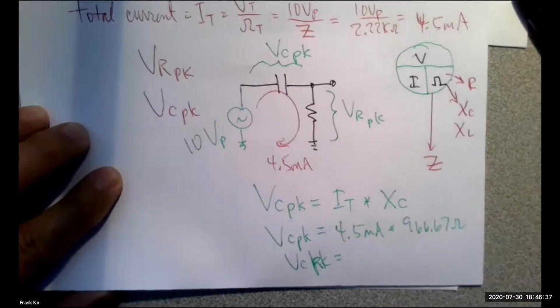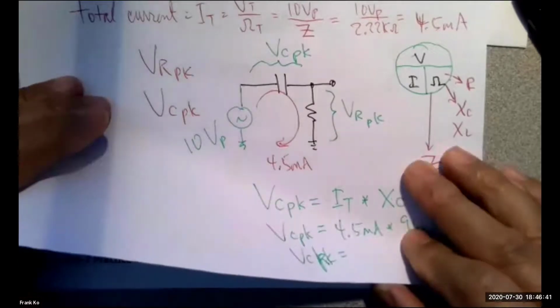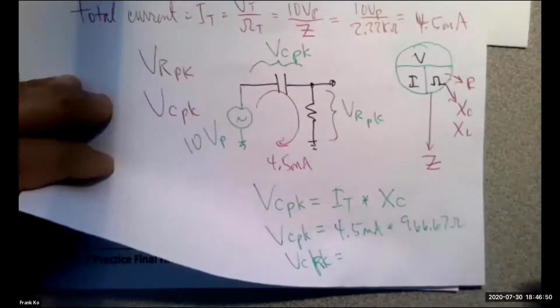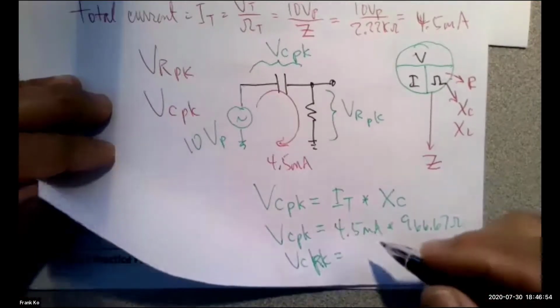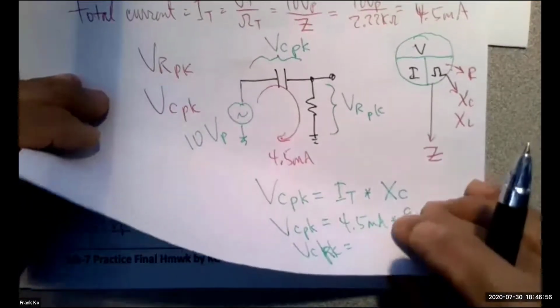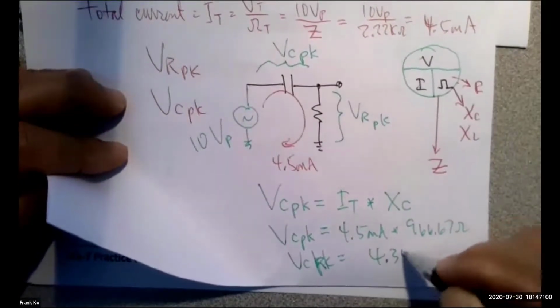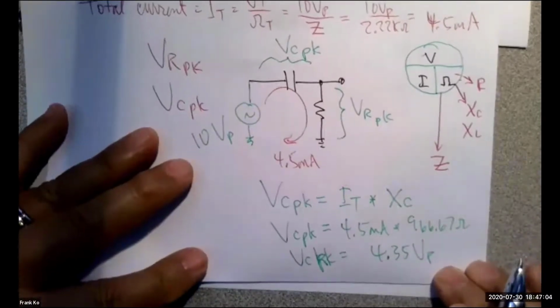And the value, Chisamaga, do you have the voltage for this capacitor for us? I got 4.37 volts. Yeah, that's pretty good if we use the rounded numbers. My calculator, I use all of the memory pieces, and I get 4.35 volt peak. But if you got 4.37, I would certainly accept that.